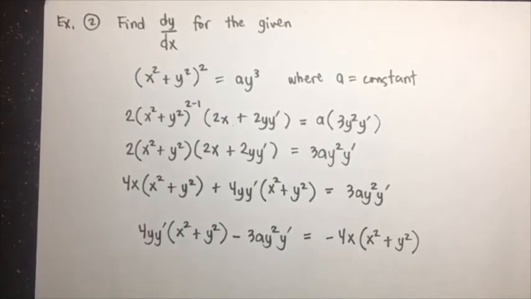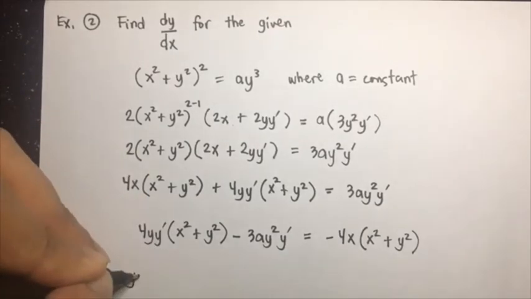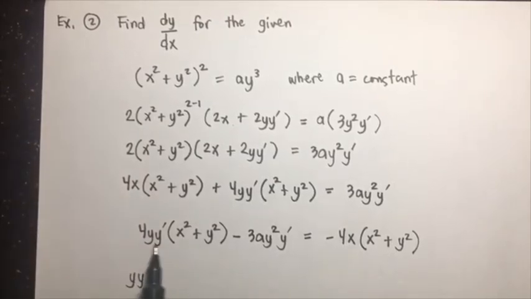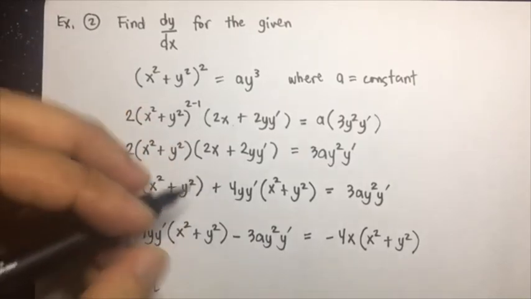Okay, so after that, we collect the common factors here. Obviously y prime is a common factor. We also have y as a common factor, so factoring out y and y prime, what will remain here is 4 times x squared plus y squared.